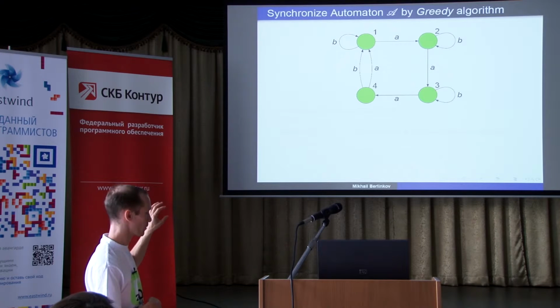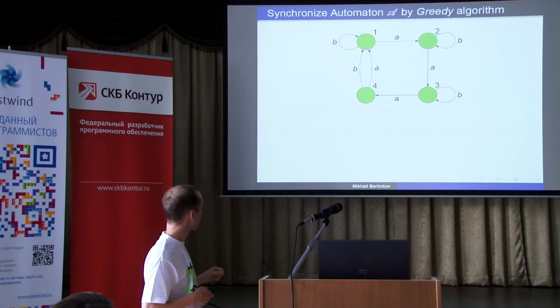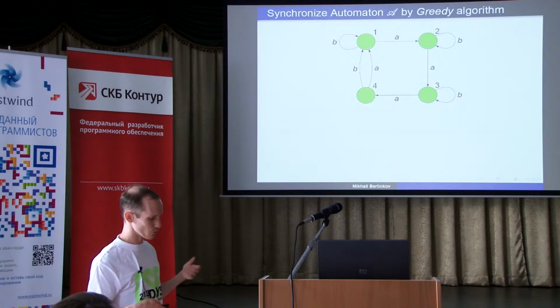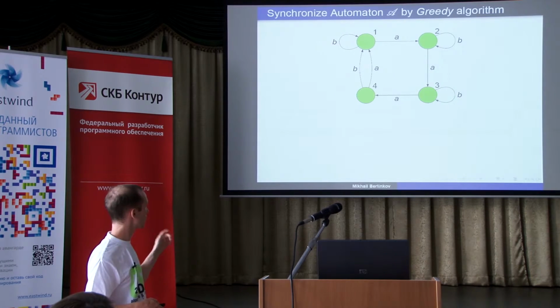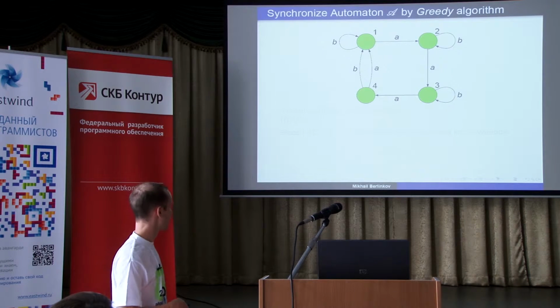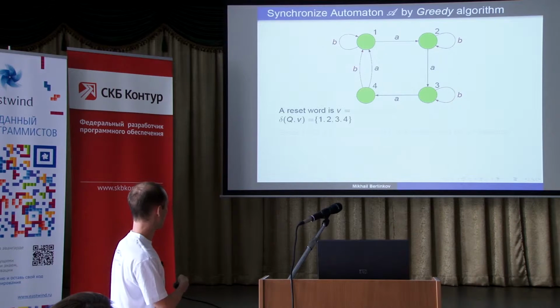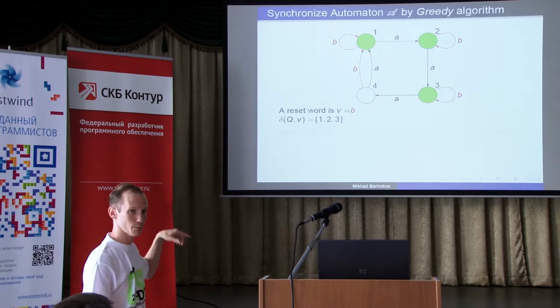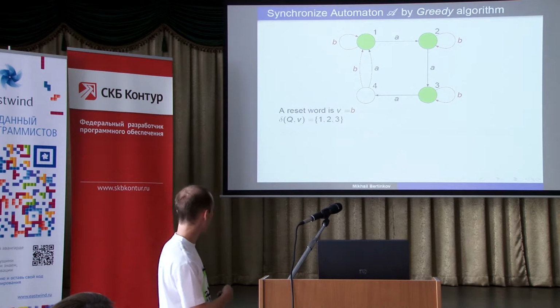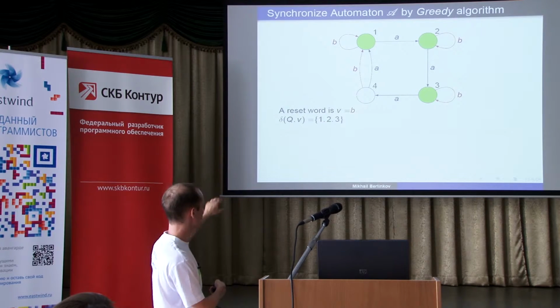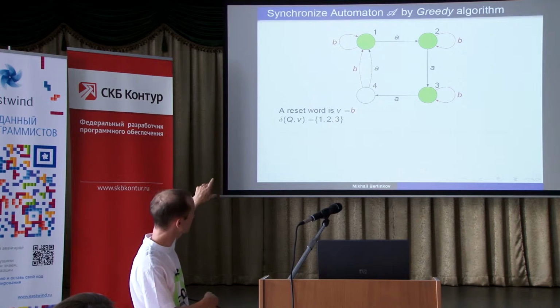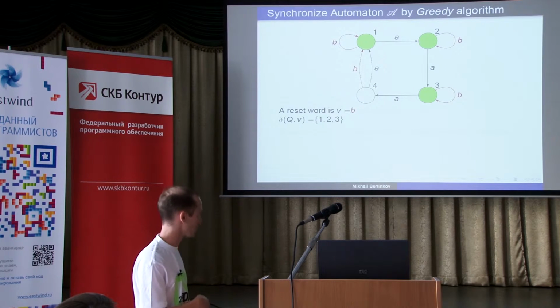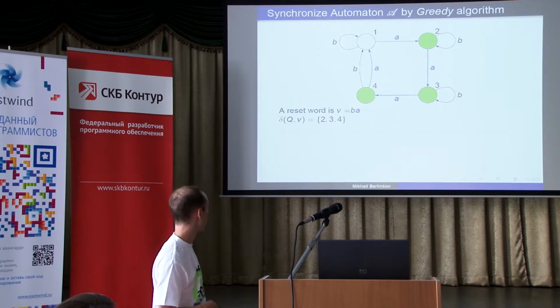We start from the full set of states and try to find the shortest word which merges some pair, any pair of states. It's clear that the first such word is just letter B, because letter A only permutes our states. So it makes no sense to apply letter B again, because it leaves all states in their places. So we apply letter A.